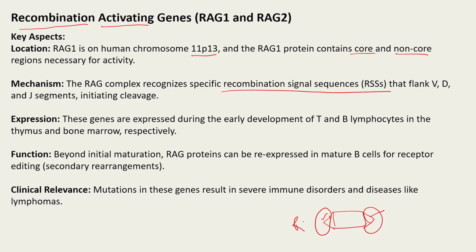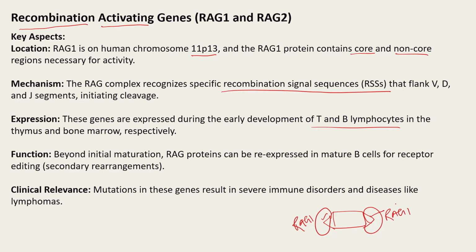The docking area of the RAG protein is basically the flanking sequence of the VDJ, also called the recombination signal sequences. These are expressed very specifically in the early developmental stages in large concentration. They are expressed more in the early stages, but also later in the life cycle when there is a requirement for editing of a receptor. These are primarily in T and B lymphocytes, so we can expect their location to be in the thymus or the bone marrow.